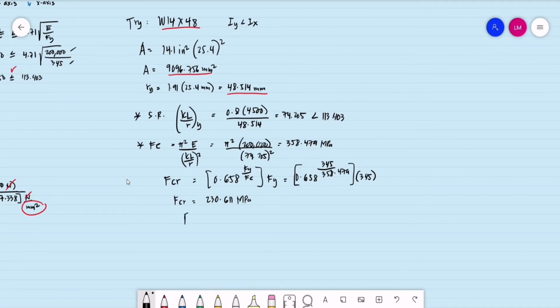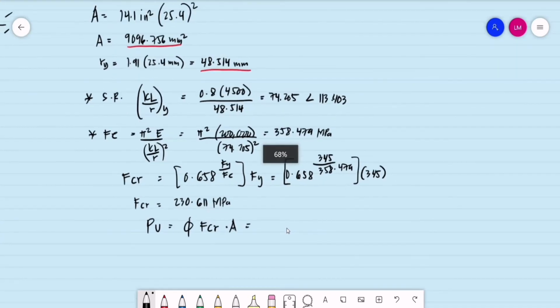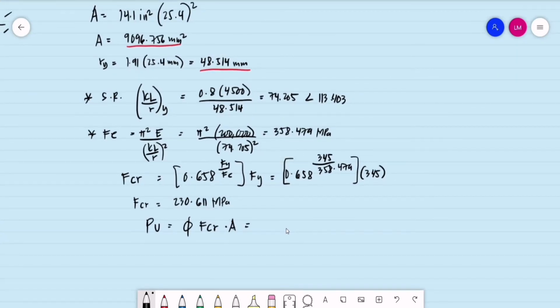That is the P sub U is now equal to phi multiplied by F sub CR, then multiplied by the area. So again, our reduction factor for LRFD is 0.90. Our F sub CR is 230.611. Then we have the area, 9,096.756, and the resulting unit for this one is in newtons.